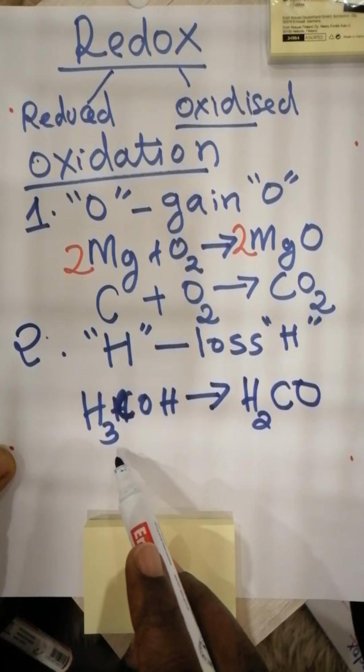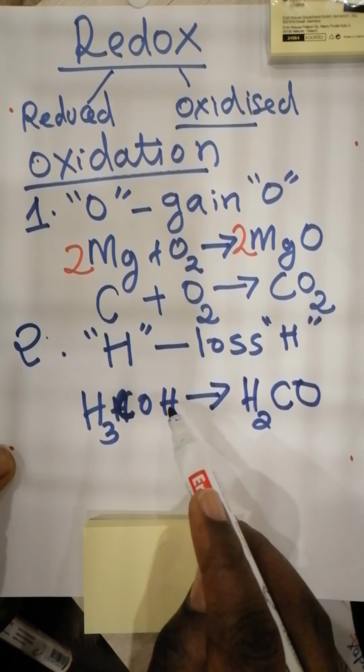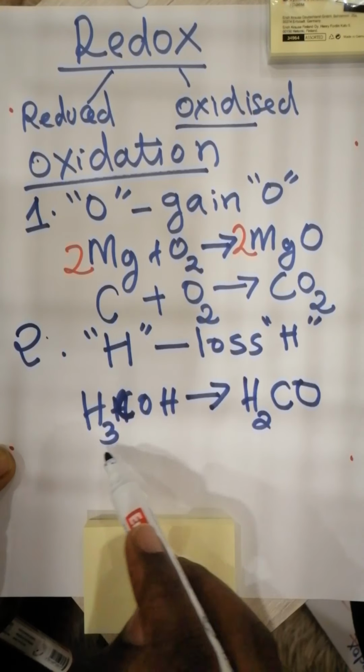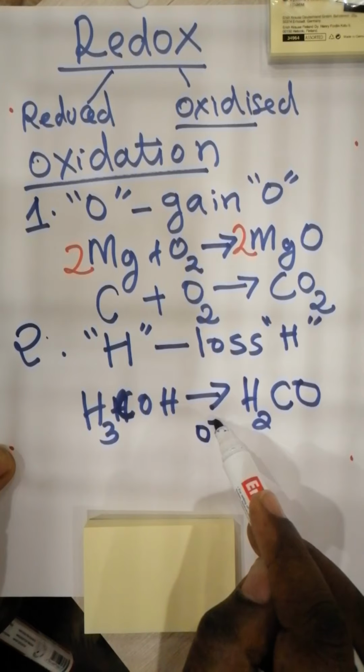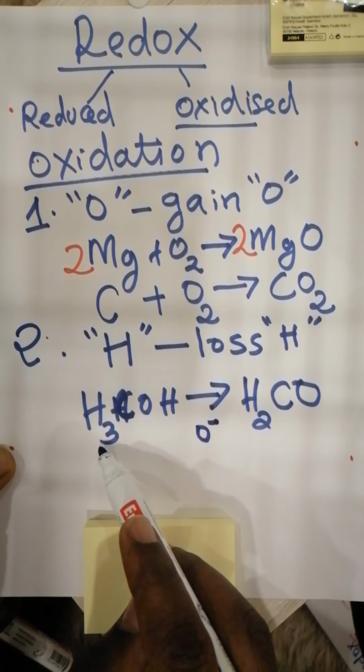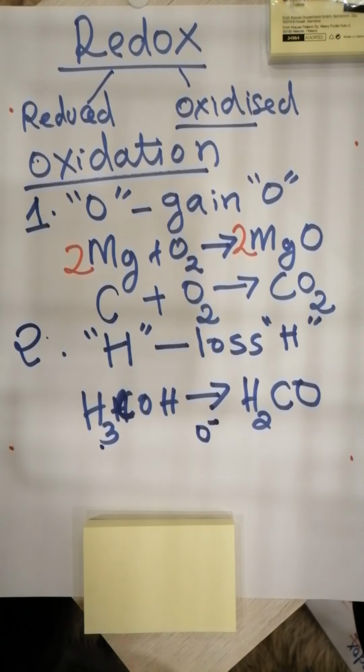This is methanol, an alcohol, and that is methanal. In this reaction, there is loss of 2 hydrogen atoms, and therefore this is an oxidation reaction because methanol has lost hydrogen atoms.